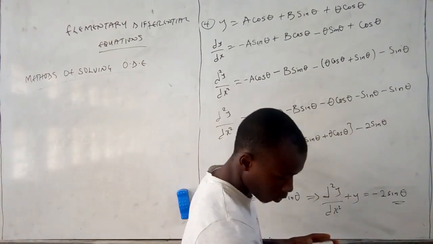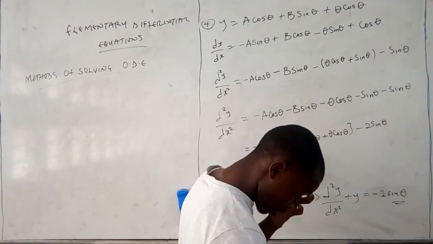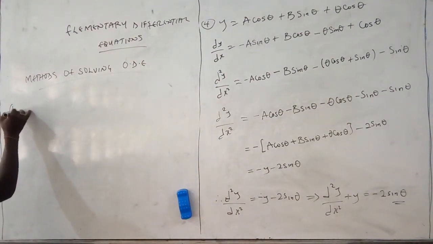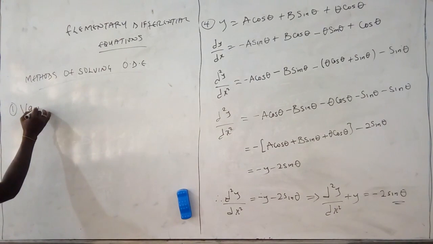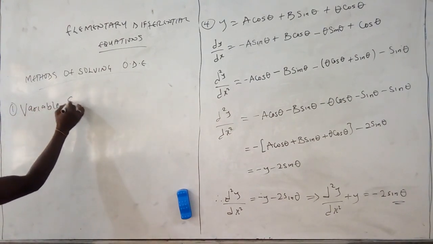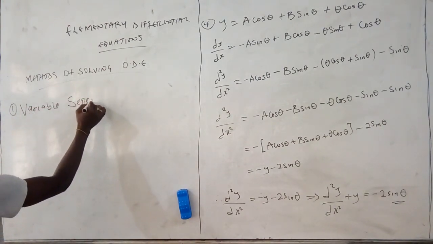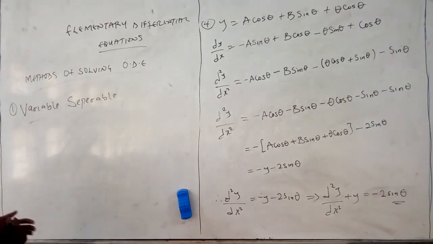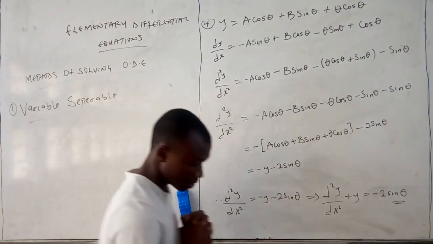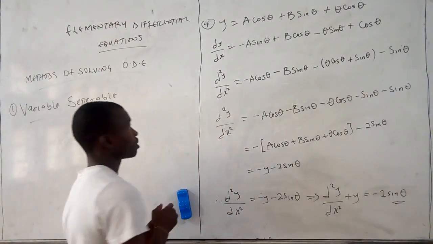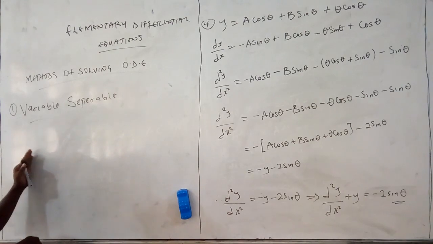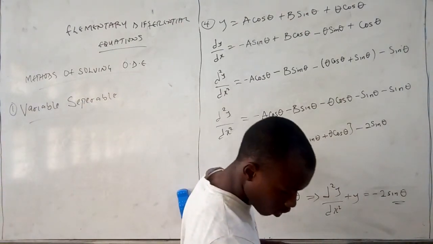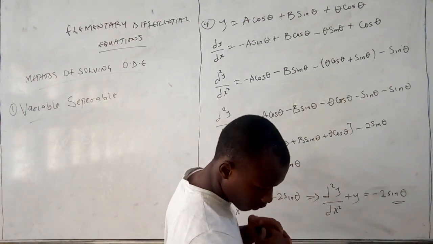So the first method we are going to work on is method of variable separable. Just as the name implies, this is a method whereby you separate the variable of x from that of y before you then solve.